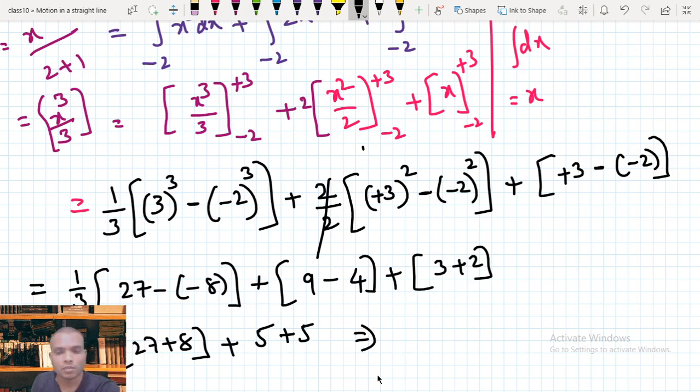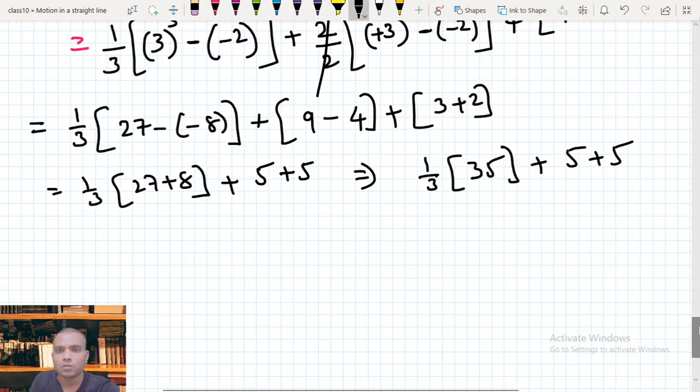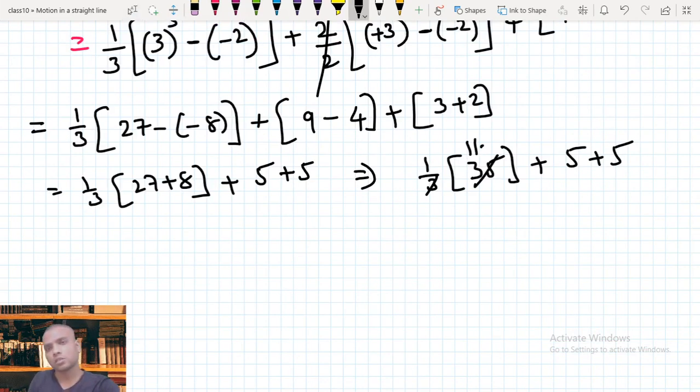Now for the simplification, 1 by 3 of 27 plus 8. That value gives 35. 35 plus 5 plus 5. Now simplify 35 by 3: 11 threes are 33, and 2 remains, so 2 in 3 is approximately 0.6.